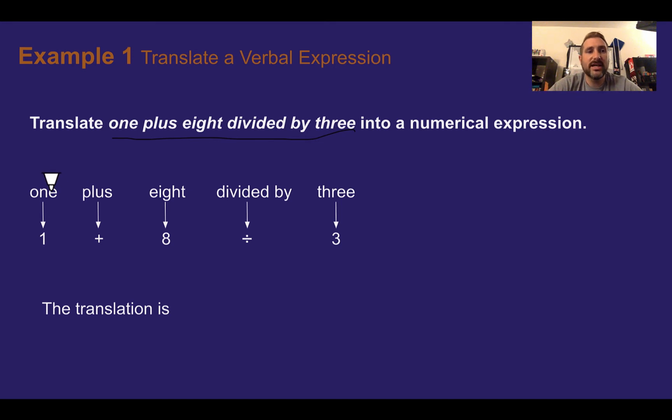So I just take the sentence and write it in math. So 1 is the number 1, plus sign, 8, the number 8, divided by that symbol, 3, the number 3. So squishing it all together, our translation would be 1 plus 8 divided by 3. Exactly what it said, we just wrote it, only with numbers and symbols.